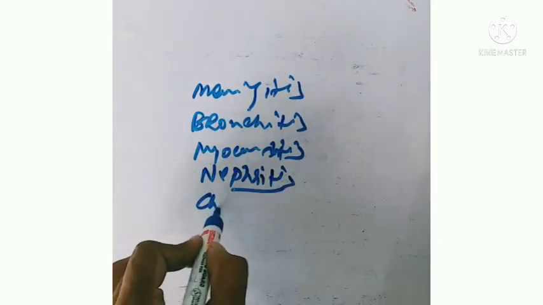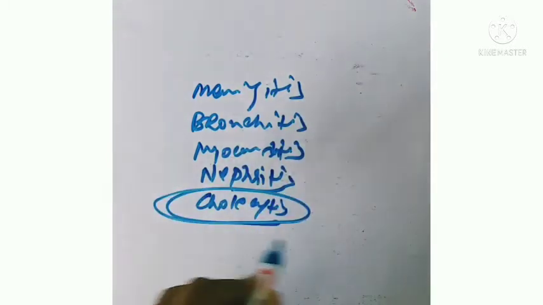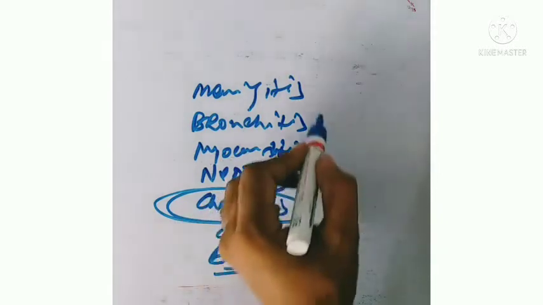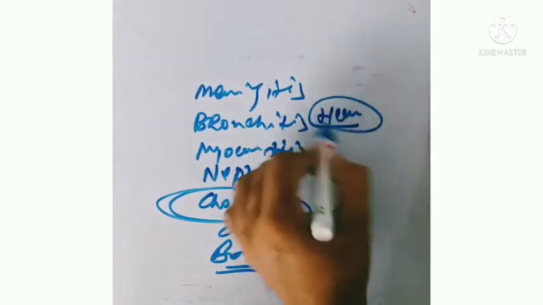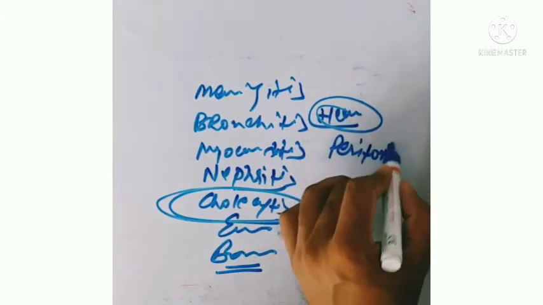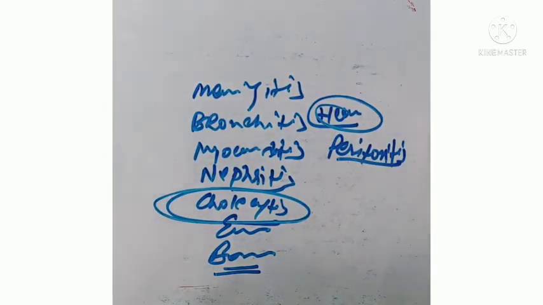Then you will see cholecystitis, which is rare, and then encephalopathy, bone and joint pain or infection can be seen. Hemorrhage can be seen, then peritonitis can be seen there also.